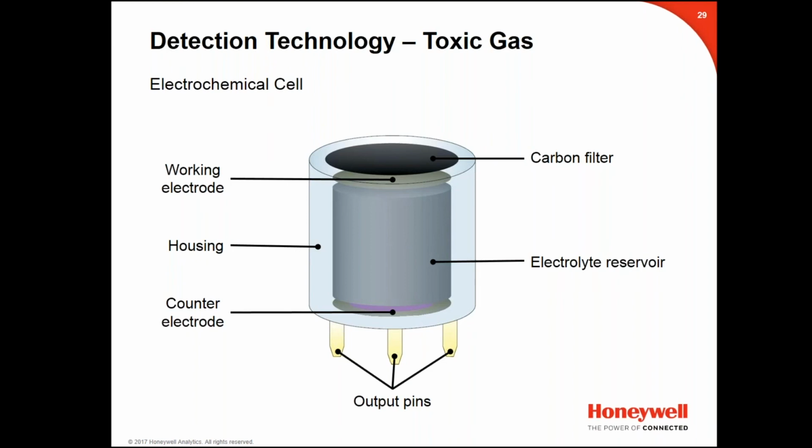Generally the oxygen sensors are 0 to 25% by volume, with 20.9% by volume being normal atmospheric oxygen, what we typically breathe. We'll set our first alarm point if the oxygen drops below 19% by volume.